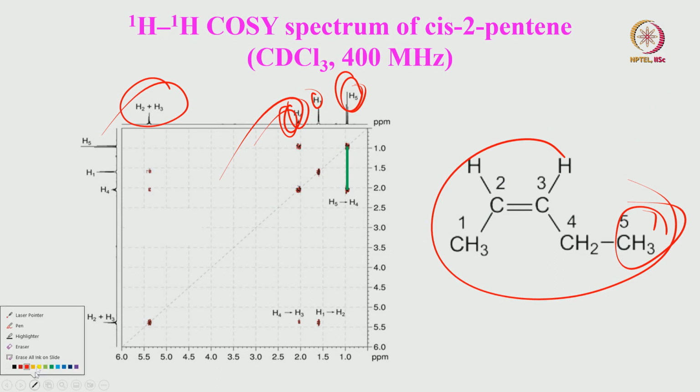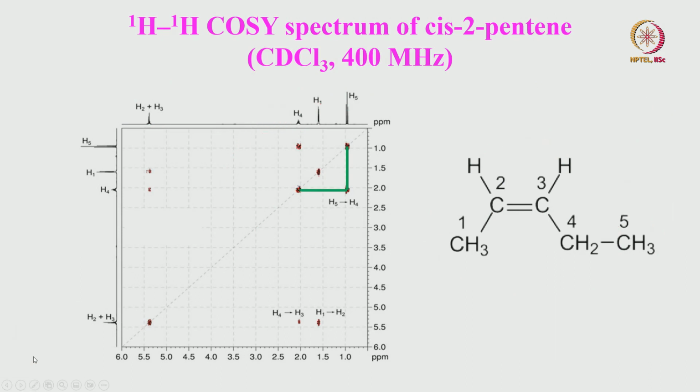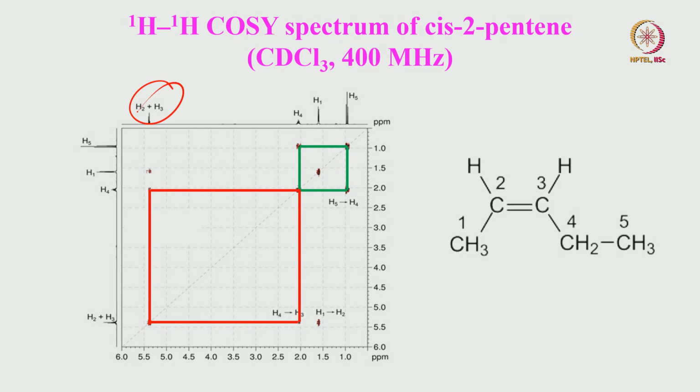We have understood that the 5 and 4 assignment has been made. What next? If you carefully see, this 4 has a cross peak here, go across, complete the square. Then that has to be 3. But you can see that 2 and 3 are 2 peaks which are overlapped, not resolved.